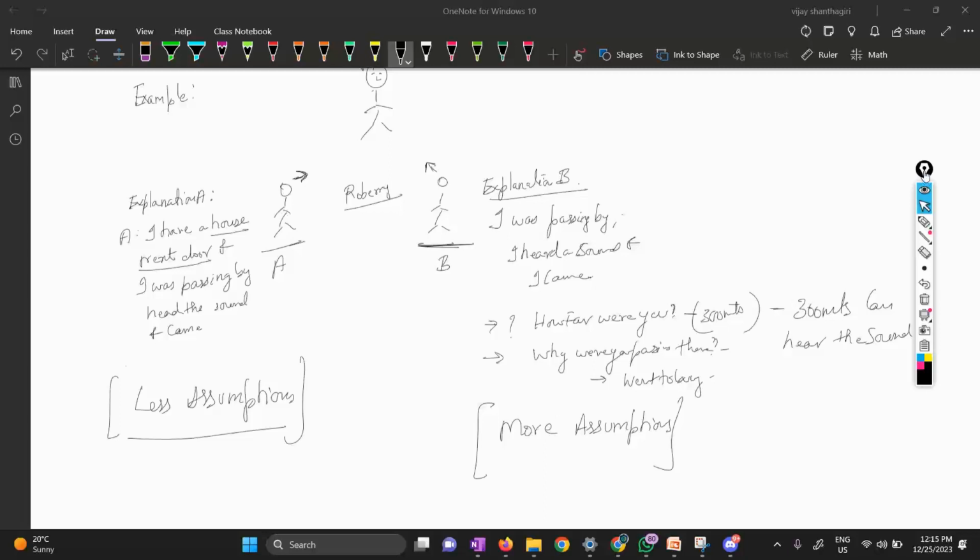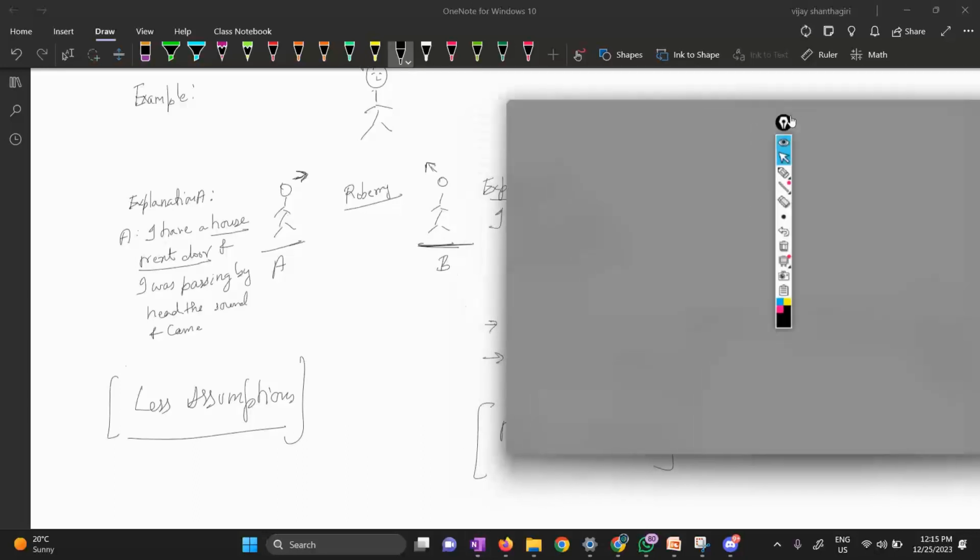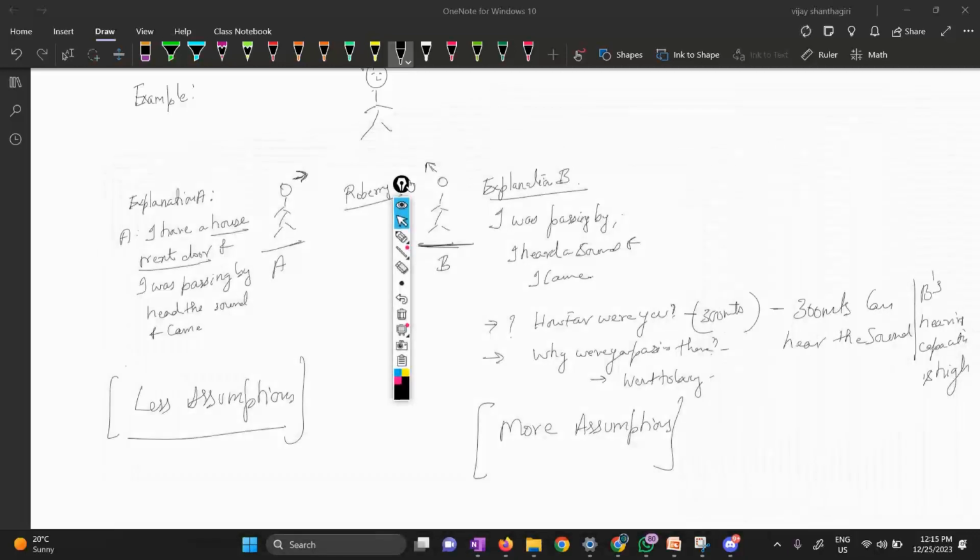Which means what? Hidden assumptions. Which means B's hearing capacity is superiorly high, that he's an outlier. Okay, assumption one. Next, passing there, went to buy something.